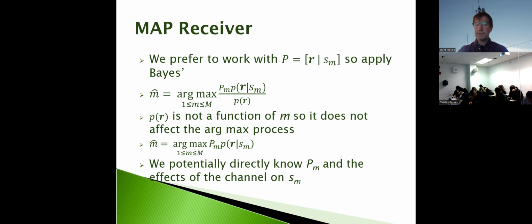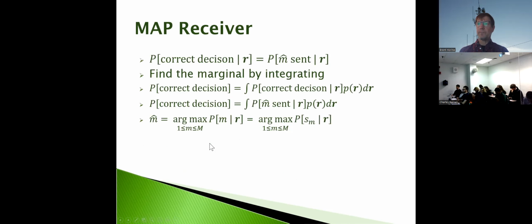Still a random process, but we'll know its effects, right? So we can determine the probability of which message is sent, and we can determine the impacts of the channel on S sub M that produces R, right? So this is more knowable than this previous equation. Okay.